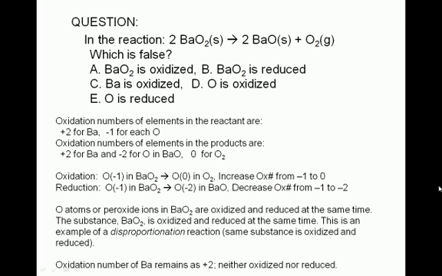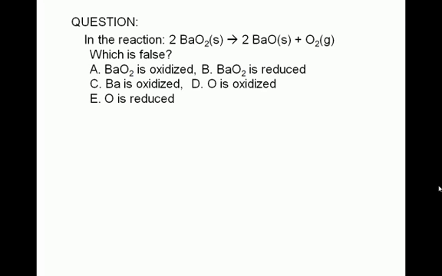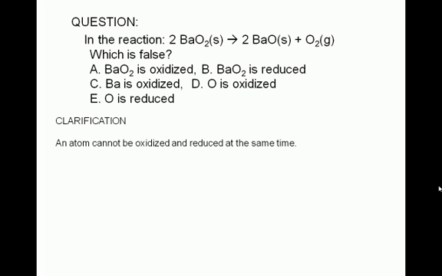If you find yourself confused in asking how an atom can be both oxidized and reduced at the same time, here's a clarification. An atom cannot be oxidized and reduced at the same time. You need to realize that a typical sample of barium peroxide contains a gazillion oxygen atoms, not just 2.